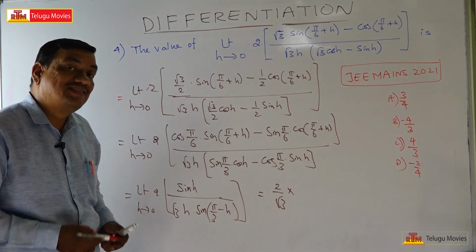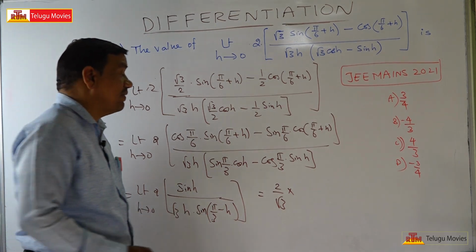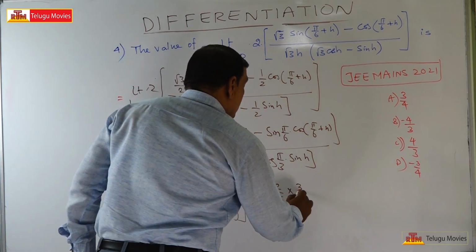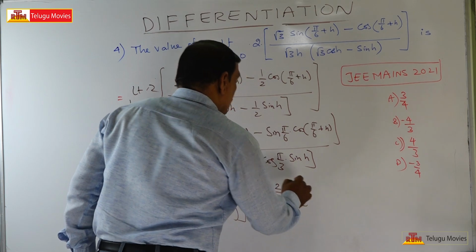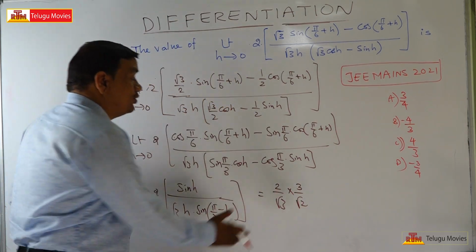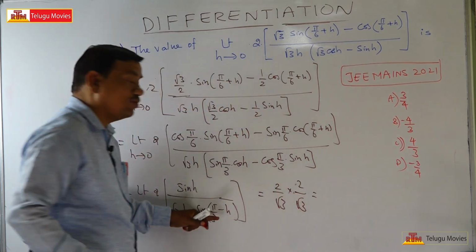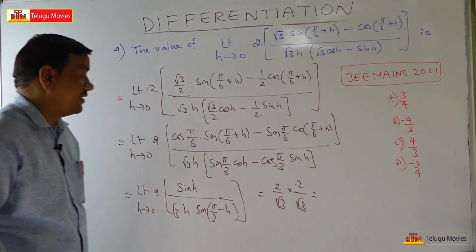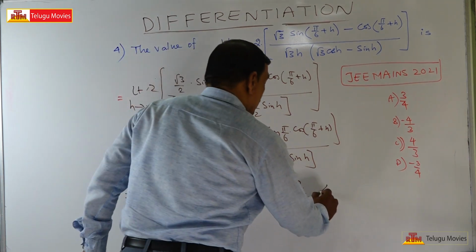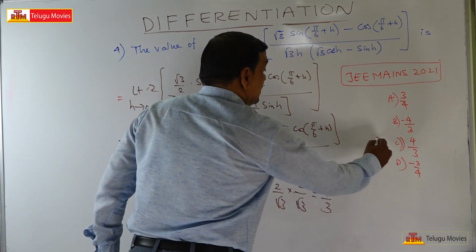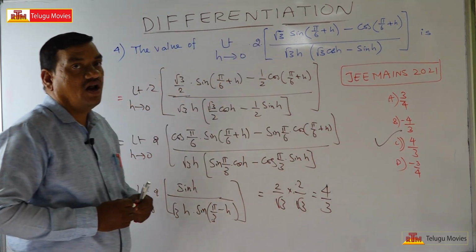Sin pi by 3 means sin 60. Sin 60 means root 3 by 2. So this is equal to root 3 by 2. That is 2 by root 3 will become, because it is in the denominator. So 2 2s are 4, root 3 into root 3, 4 by 3. 4 by 3 is your answer.